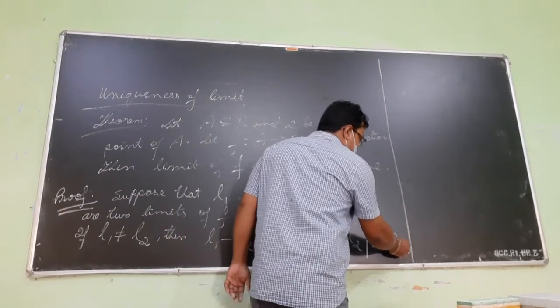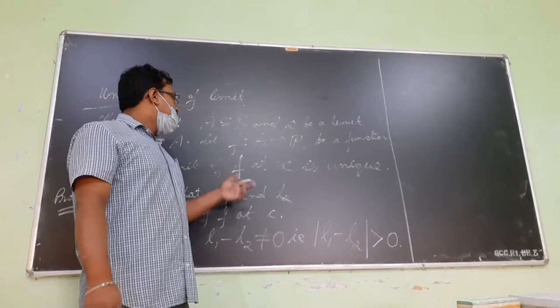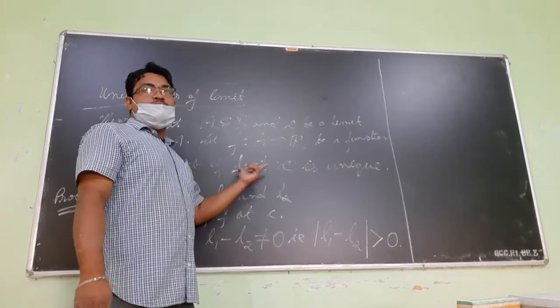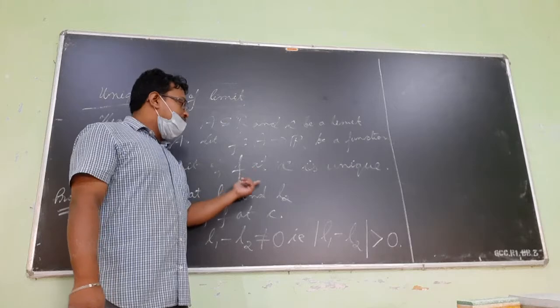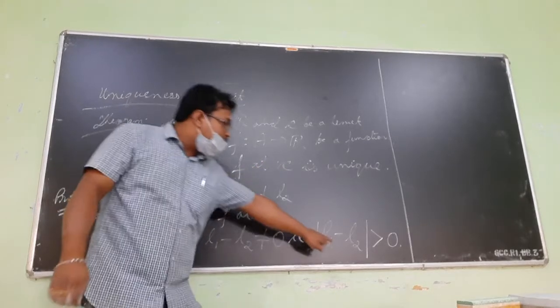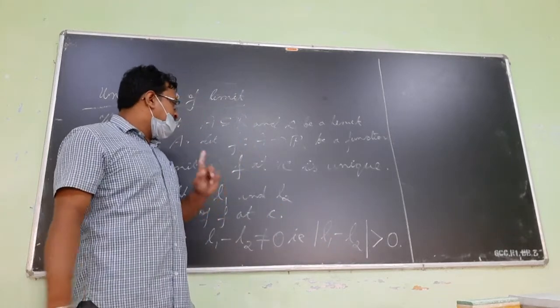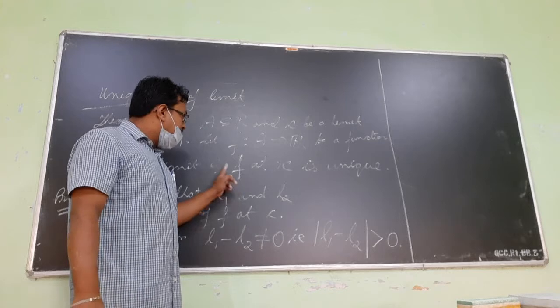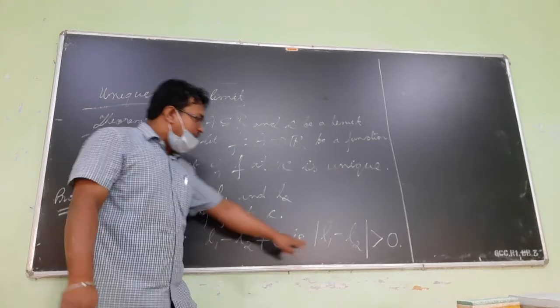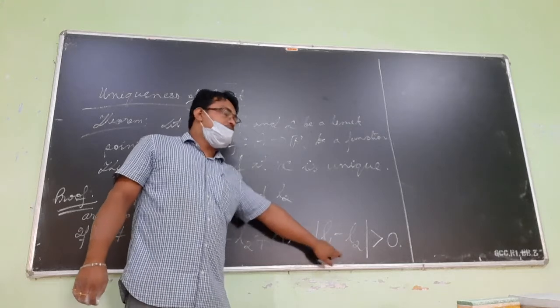Right? So our definition of limit says that the difference between f(x) and L can be made smaller than any positive quantity. So this is also a positive quantity. As per the definition of limit, the difference between f(x) and L1 can be made smaller than this. We can make it smaller than this, right?